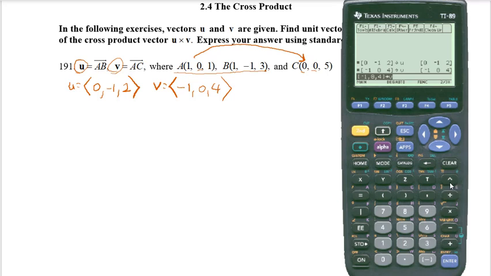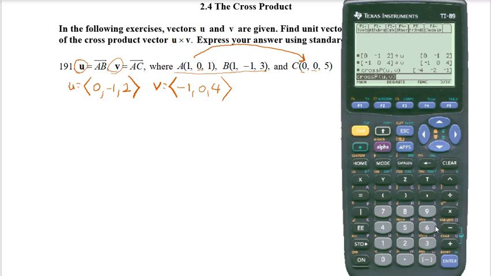Here is how we do the cross product. If you go to the catalog and scroll down to the C's, C-R-O-S-S-P stands for cross product. We do the cross product of u, comma, v. And there it is. It's the same thing we did just a moment ago with the determinant.